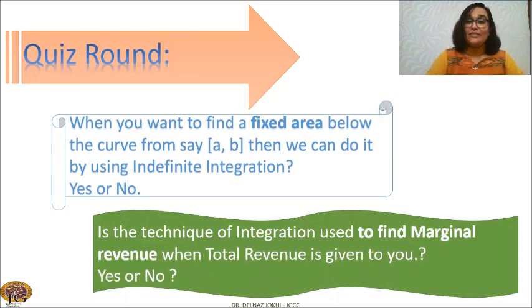So the answers to both the questions are no. Okay? If marginal revenue is given to you, then through integration you can find out total revenue. But here it is the opposite. So that is why the answer to both the quiz rounds is no.